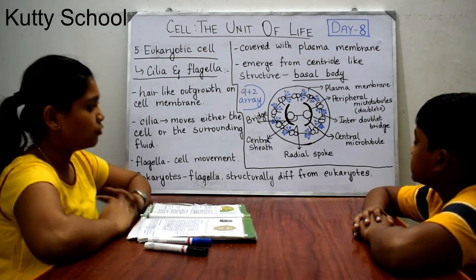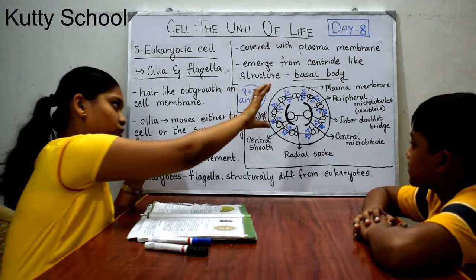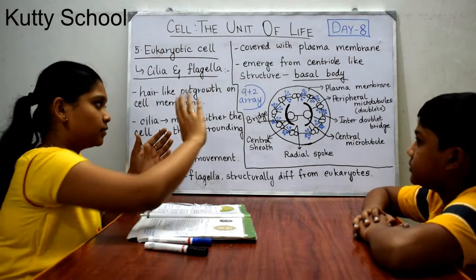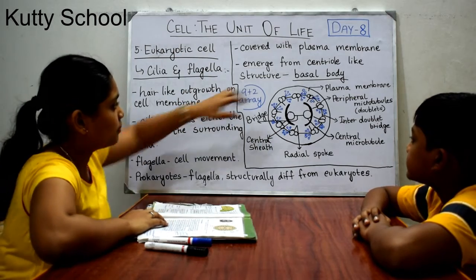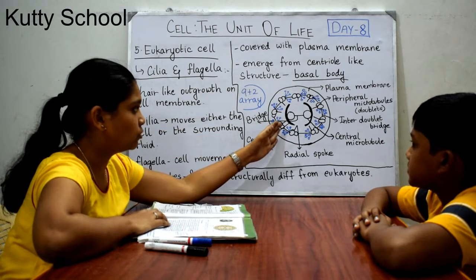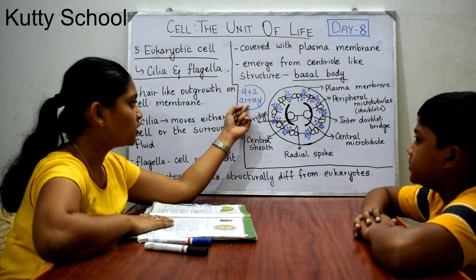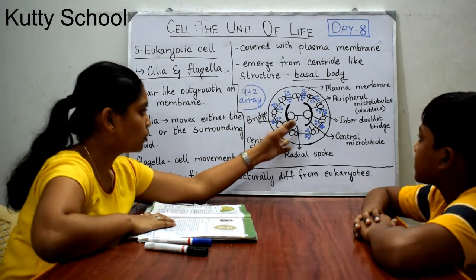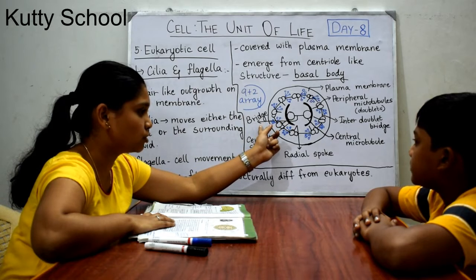If you cut a flagellum or cilium, you get a structure like this, with the plasma membrane covering it and the microtubules arranged in a 9+2 array. What is 9+2? There are 2 microtubules at the center, and these 2 are connected by a central bridge.